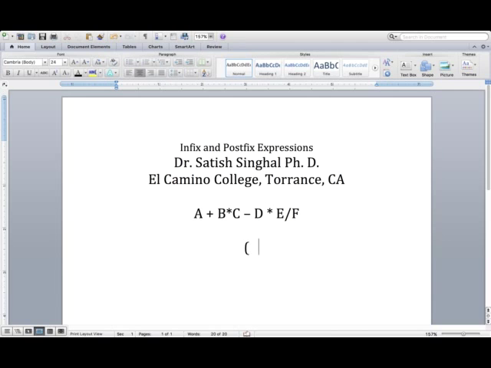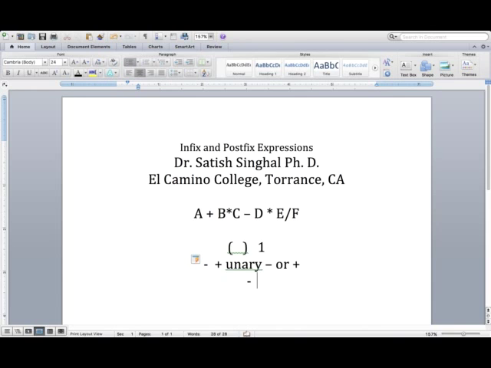Your parentheses are done first. That is number one. Then you have unary minus or plus. I won't go into pre or post decrement right now because I'm not planning to use them here.